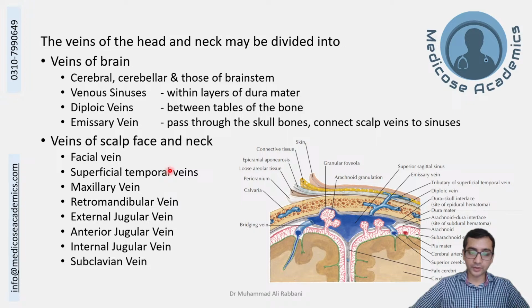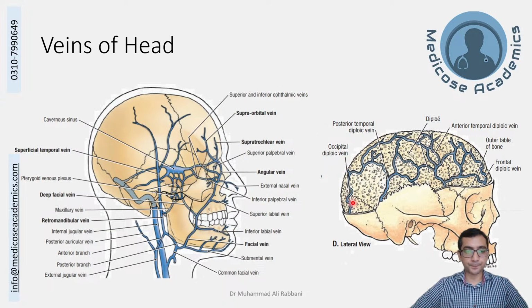And then there are a number of veins of the scalp or face: the facial veins, superficial temporal veins, maxillary, retromandibular, external jugular, anterior jugular, internal jugular, subclavian vein, that we are going to discuss right now. So these are the set of veins that we are going to discuss. These are the diploic veins that are running inside the two tables of the bone, the calvaria.